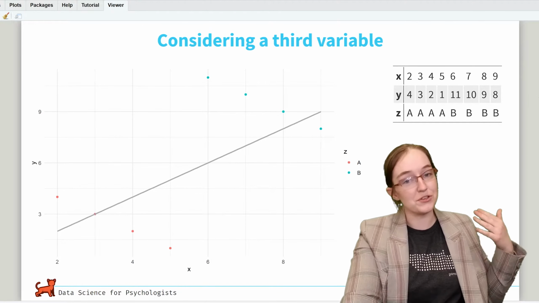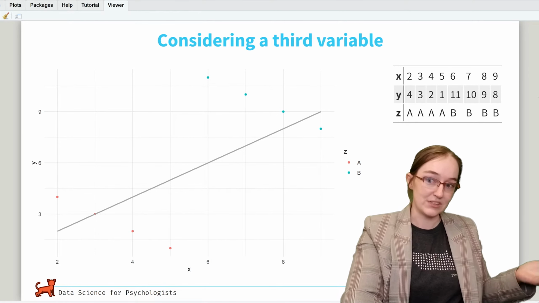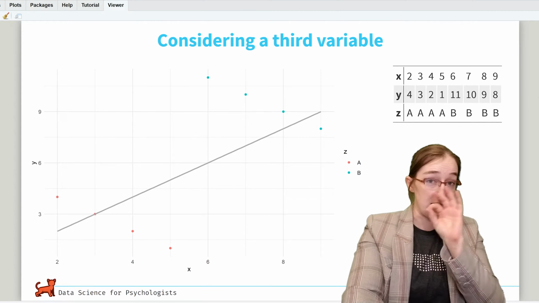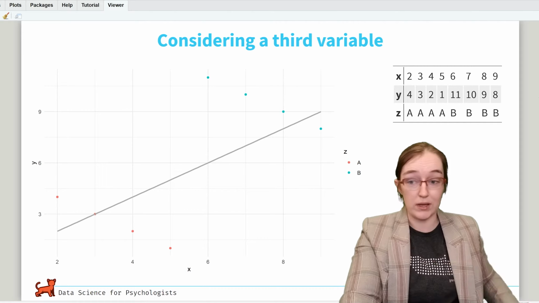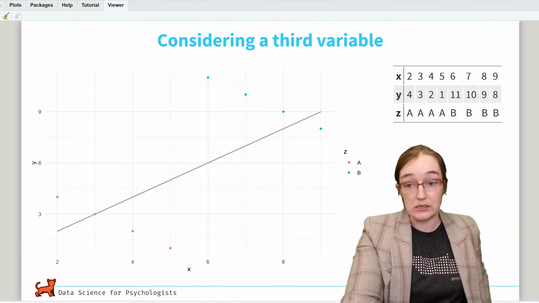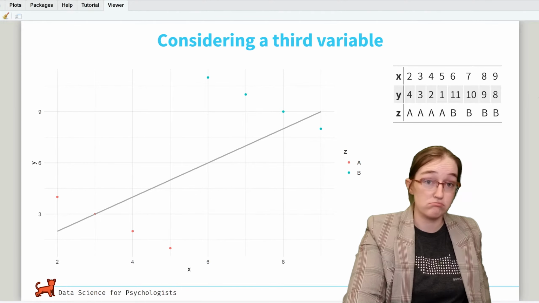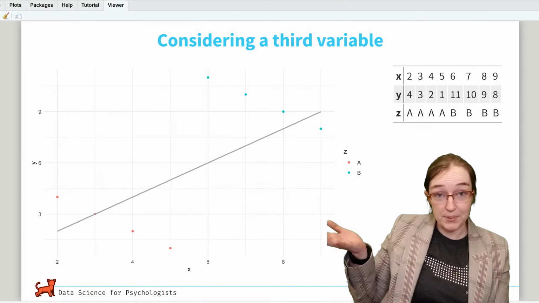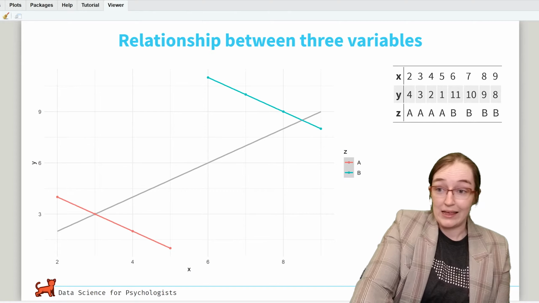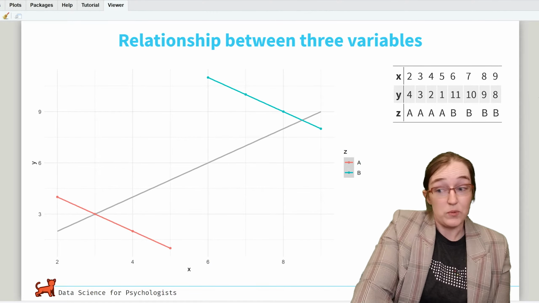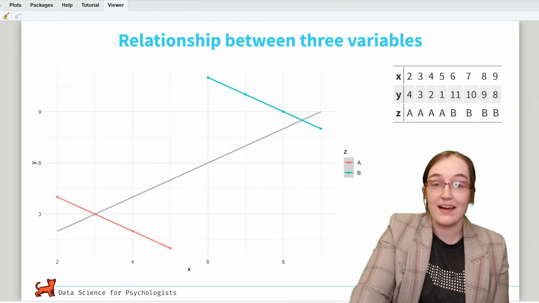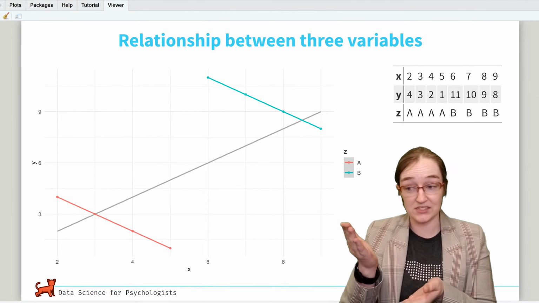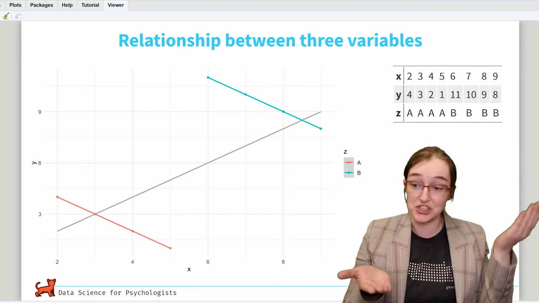But what if there's a third variable? In this case, I have added an extra row in our data that groups our variables by a third factor, as I've illustrated here with A and B. So when we include that third variable, we see something really different. Without taking into account A and B, we have that gray line that suggests a positive linear relationship.